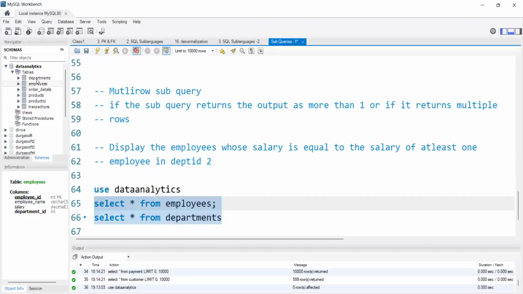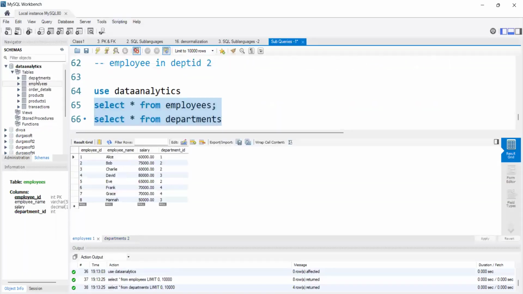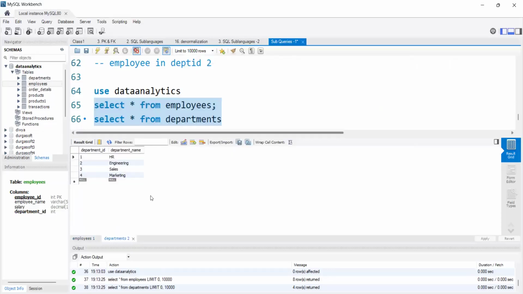So this is the employees table. In the employees table, I have employee ID, employee name, salary, and department ID, four columns. In the departments table, I just have two columns: department ID and department name. These are my two tables.